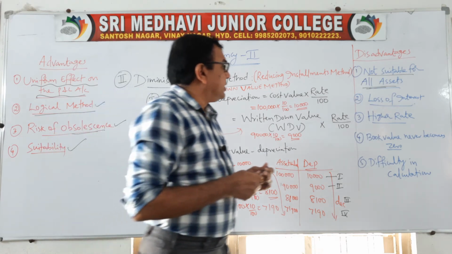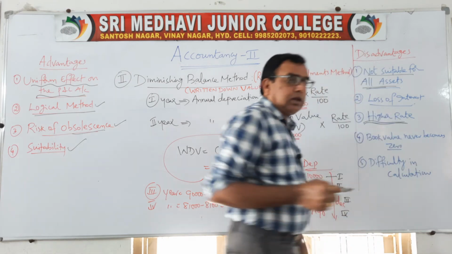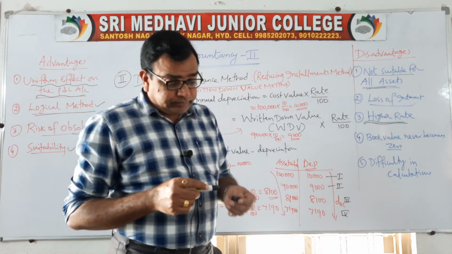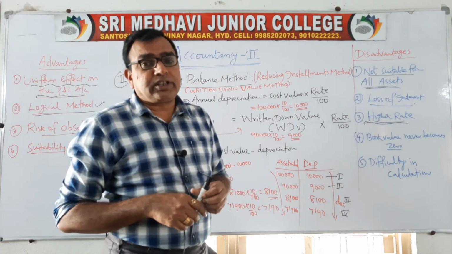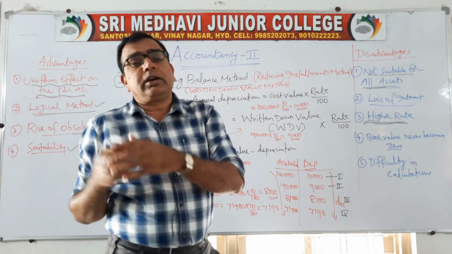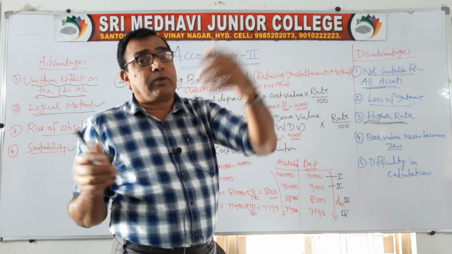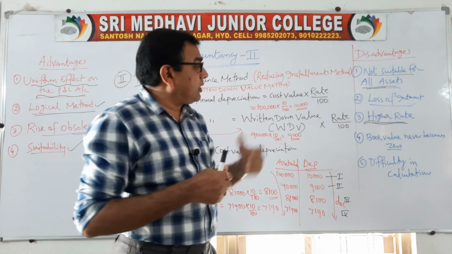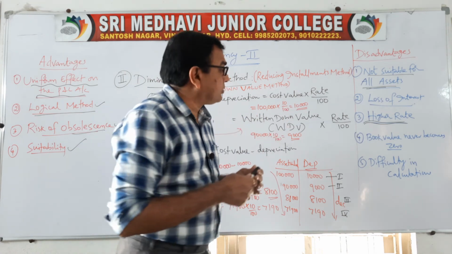Next, higher rate. In order to cover the cost of the asset under the diminishing balance method, the rate of depreciation must be high compared to the fixed installment method. Like under the straight line method, if you provide 10%, under the diminishing balance method you need to provide 15%. So you require a higher rate of depreciation to cover the cost of the asset.